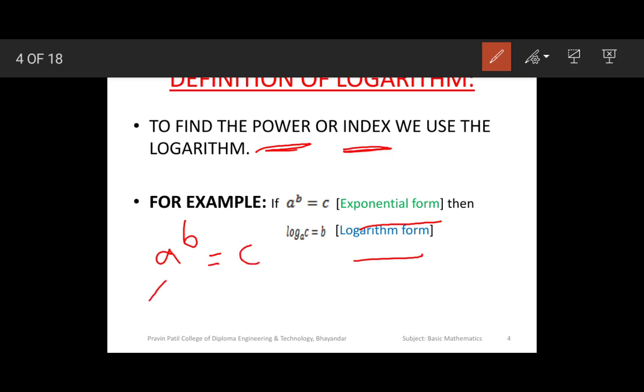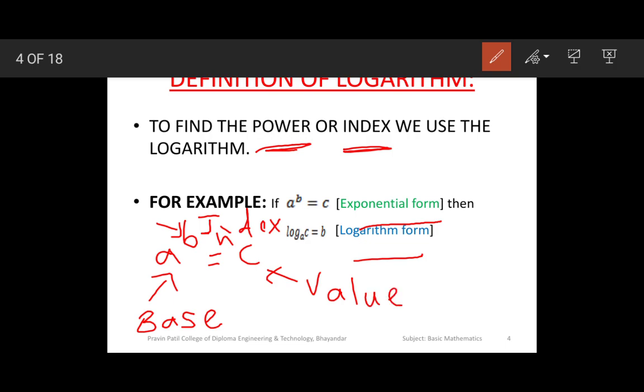A is the base, b is called the index, and c is called the value. Base, index, value.